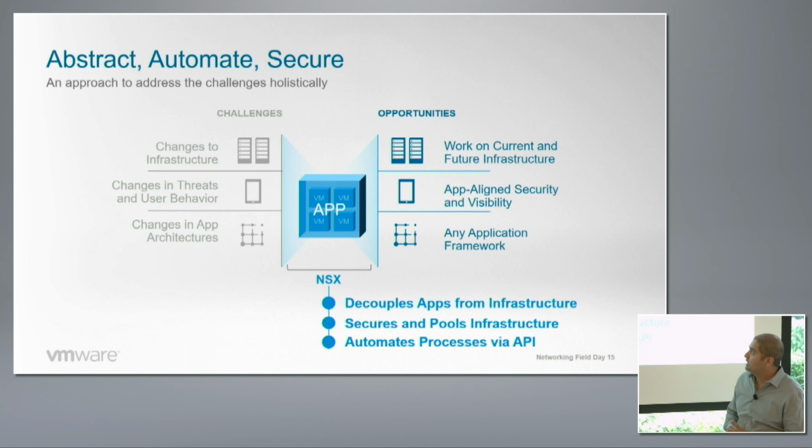And what we say is we abstract, automate, and secure. By abstracting constructs on the physical network, we are basically giving these programmable constructs in software available on existing vSphere brownfield environments, as well as folks deploy in greenfield environments, whether it's vSphere or other constructs, right? Whether it's on-prem or cloud.